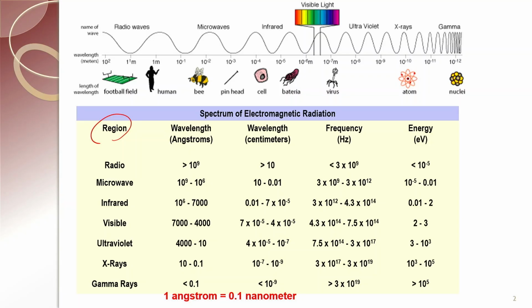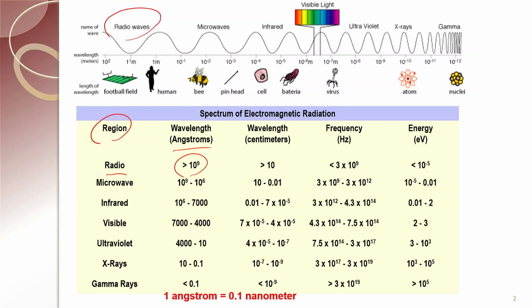So, the regions are actually based on the different types of radiations, like radio wave, where we can see that this is a radio wave, the wavelength is very high. Wavelength is given in angstrom, so more than 10 to the power 9.